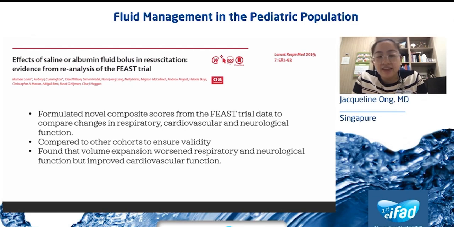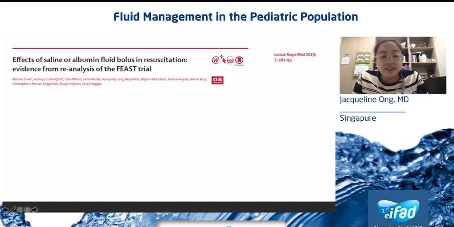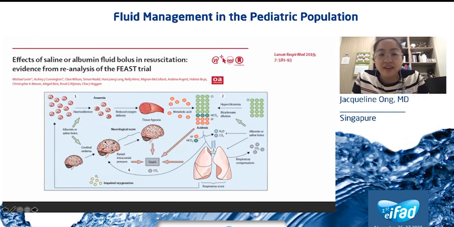And they found that in the FEAST cohort, the volume expansion appeared to worsen the respiratory and neurological scores, but did improve cardiovascular function. And this group proposed an interesting theory: you have these children who are already anemic.